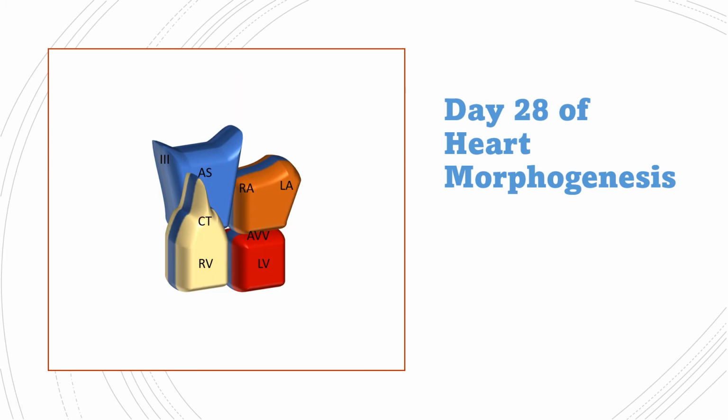After 28 days, a right forward looping of the heart tube occurs, and cardiac neural crest cells migrate into the outflow tract from the neural folds to separate the outflow tract and pattern the bilaterally symmetric aortic arteries.